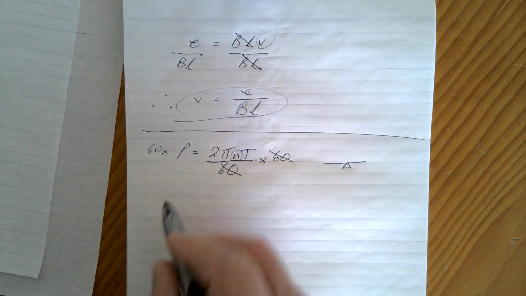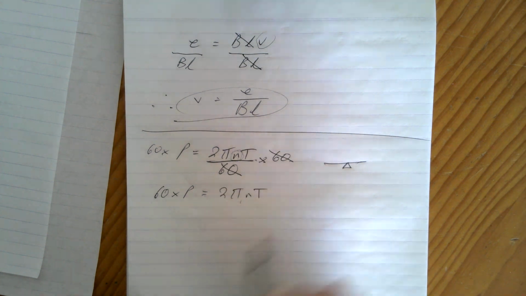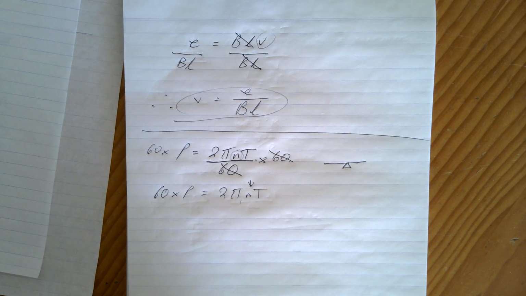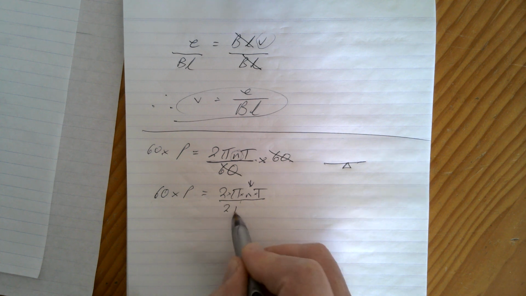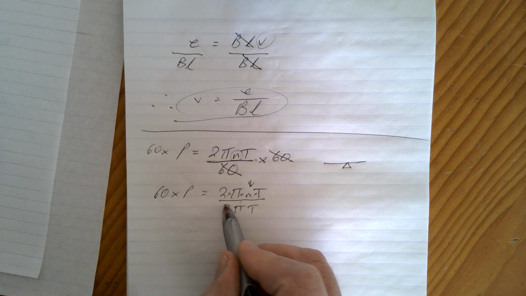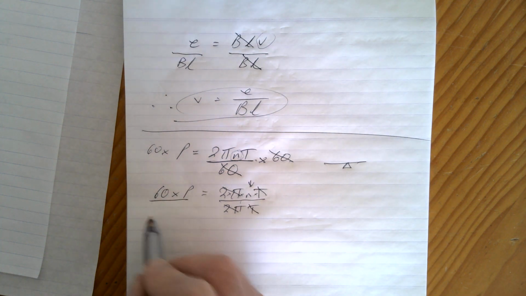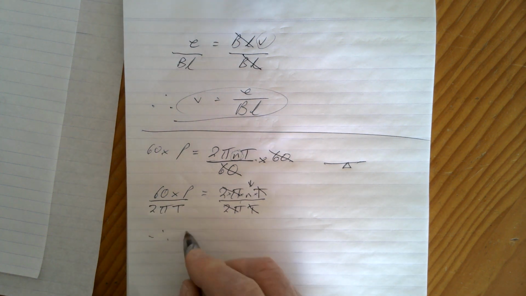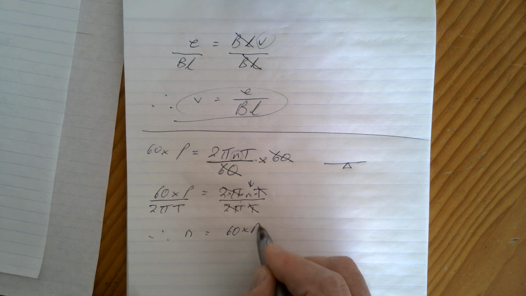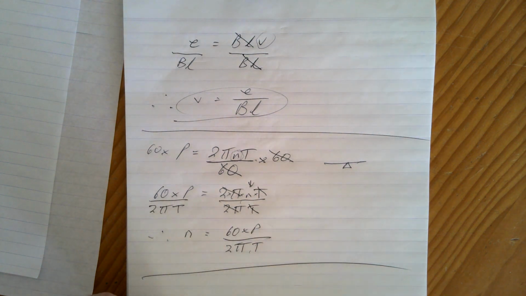These two cancel out, so we're left with 60 times P equals 2 pi nt. Remember, we're looking for n as the subject, so these are all multiplied, of course, so we can simply divide out 2 pi and t, which cancel out and leave n by itself. Balance the equation, keep it in balance, so therefore the n, the speed, is 60 times P divided by 2 pi t. And you can complete your calculation after the transposition.